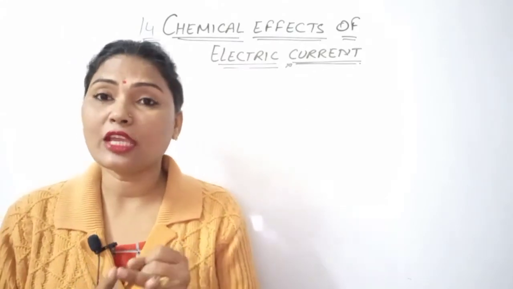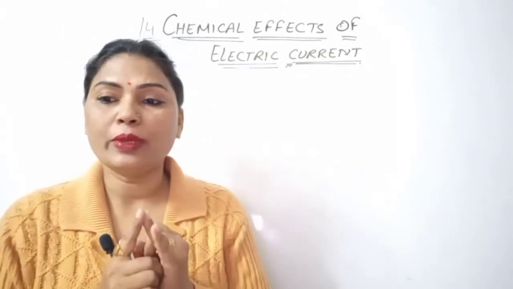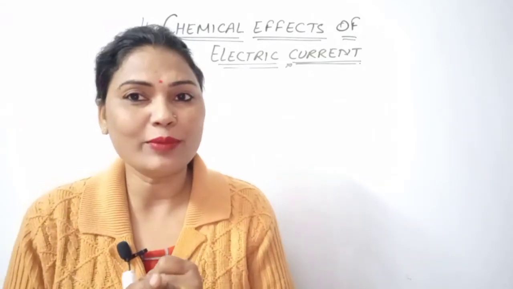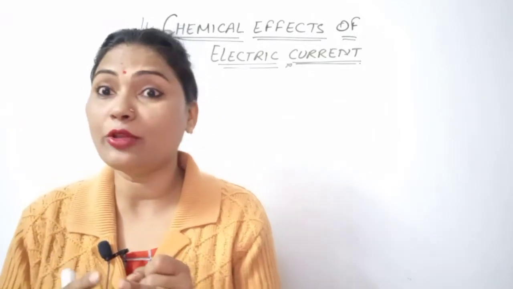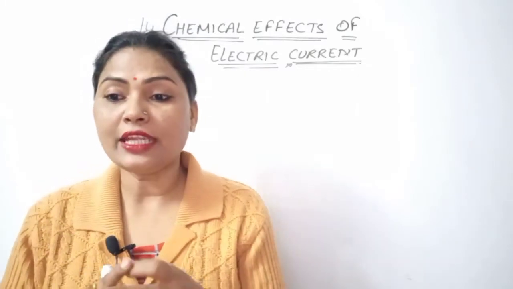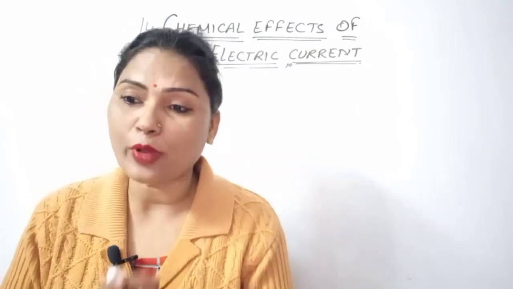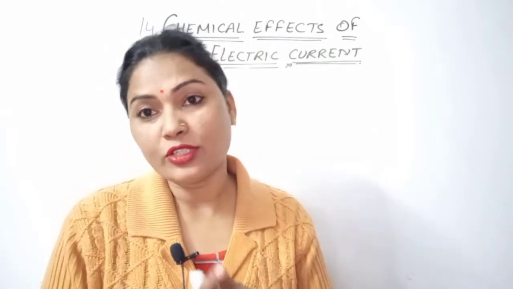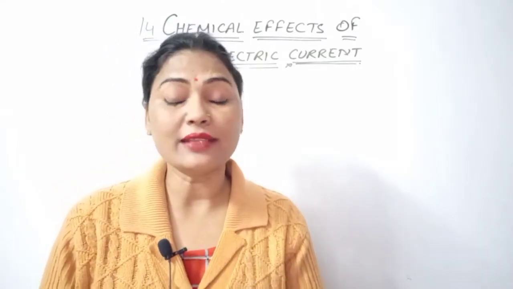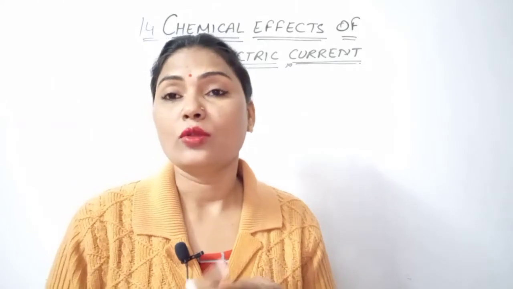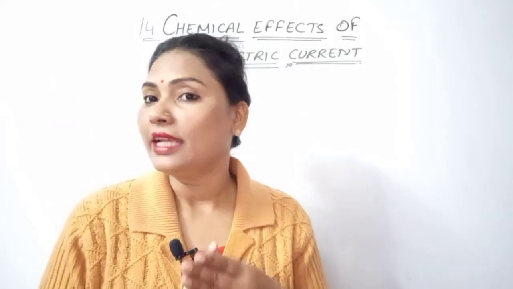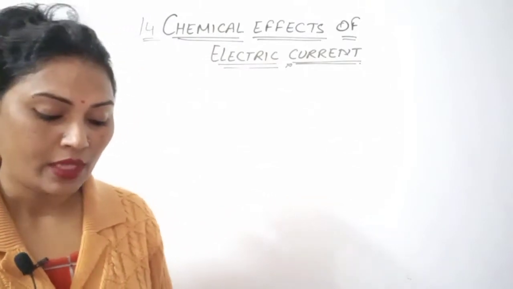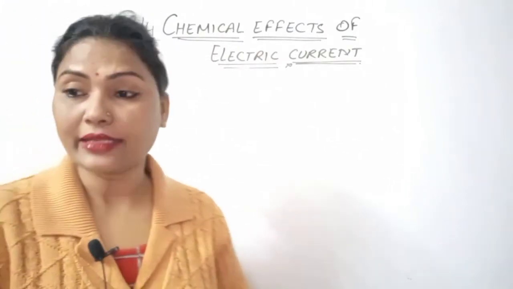Second, it should be a good conductor of electricity, because the current will be passed through it. Then it should be as cheap as possible for large scale electrolysis. So these are the three characteristics of a good electrolyte.